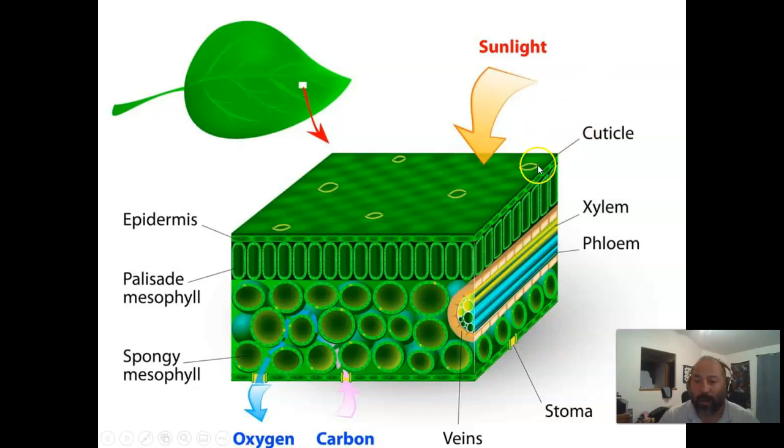We also have a waxy cuticle on top that's going to help protect our cells here. We've got a layer of epidermis, another layer for protection, and then we've got our cells in here that are doing all the work.